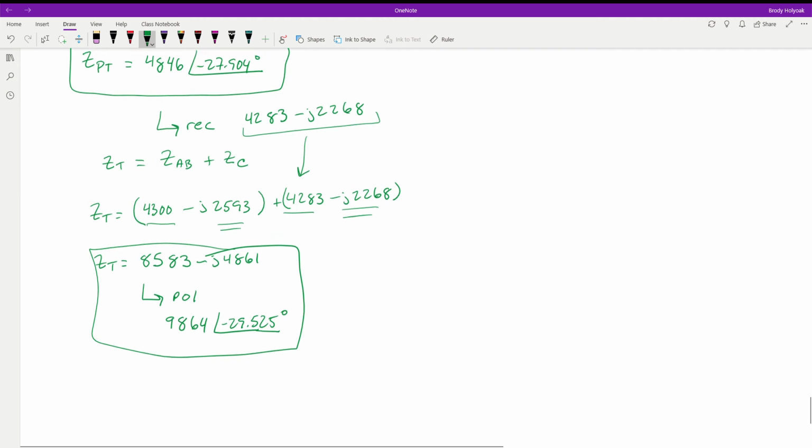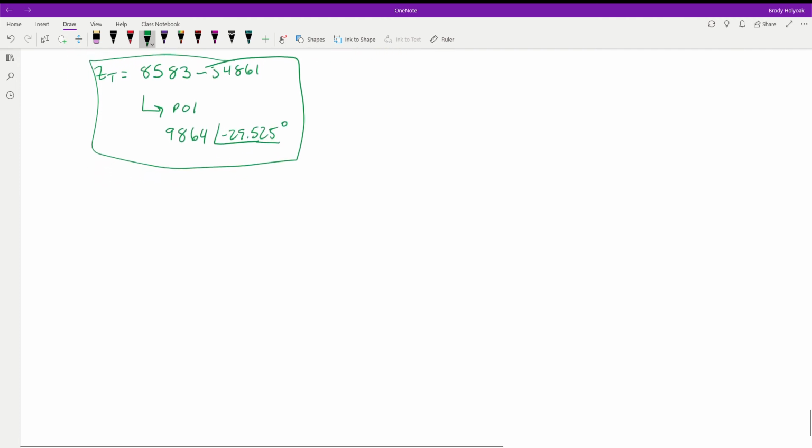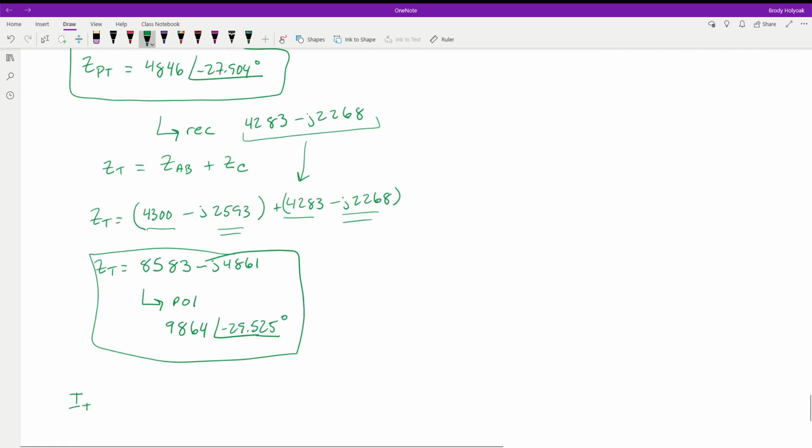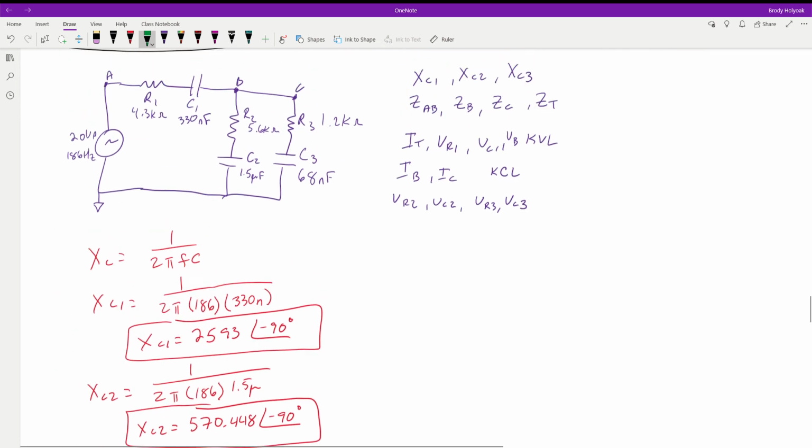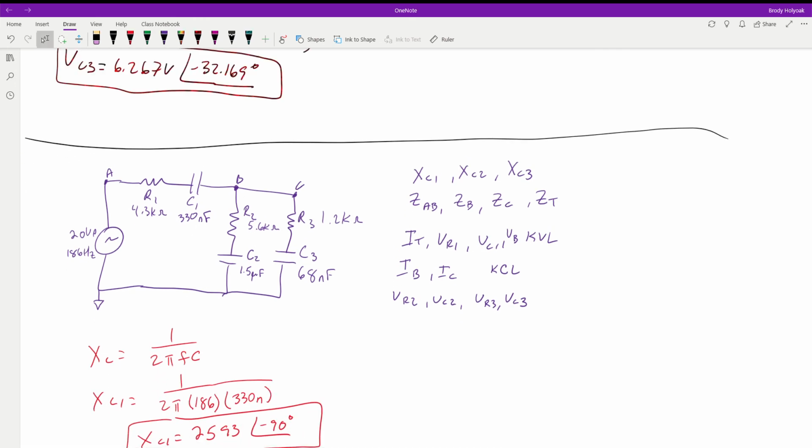Now we're going to take the polar value of this, because we're going to be doing division again, and we're going to solve for our current total. If we come back up and look at our list of things we're trying to find, we have found X of C1, X of C2, X of C3, the capacitive reactance for all the capacitors, the impedance total from points A to B, which is our series R1 and C1, the impedance of part B, which is resistor 2 and capacitor 2, ZC, which is resistor 3 and capacitor 3, and then we found the total impedance of the entire circuit.